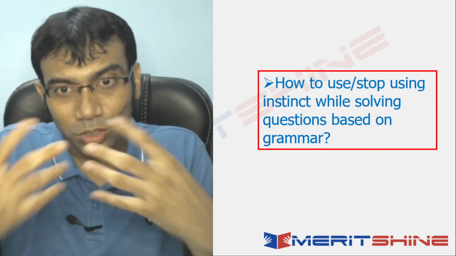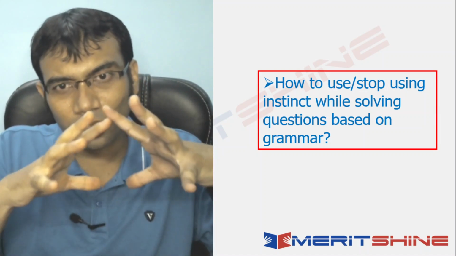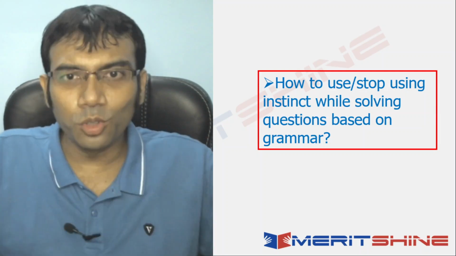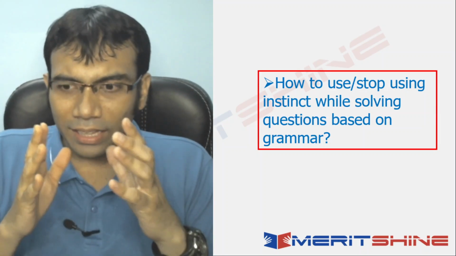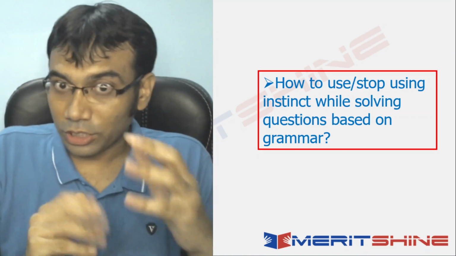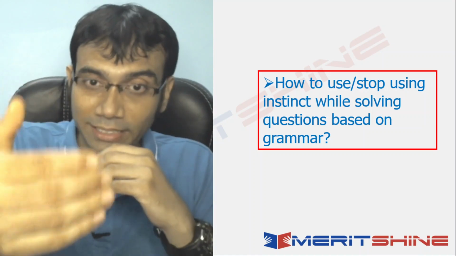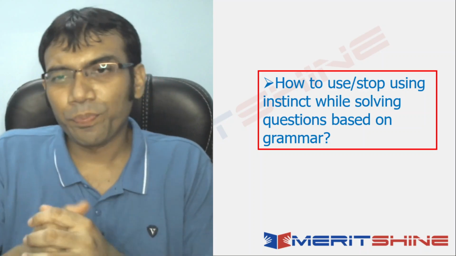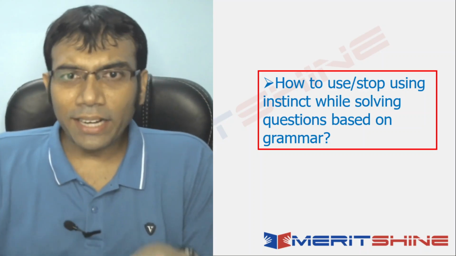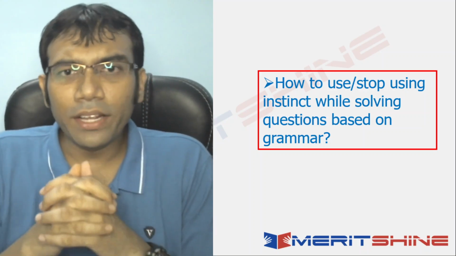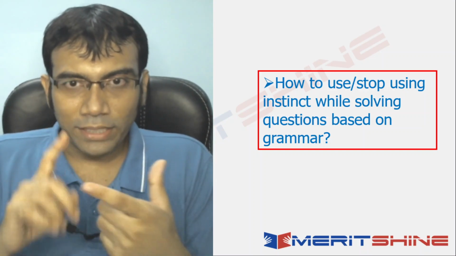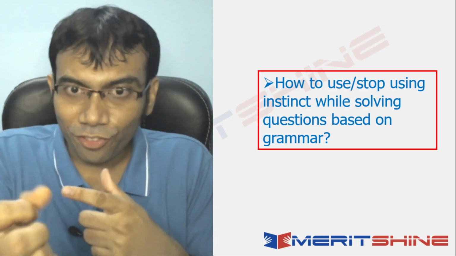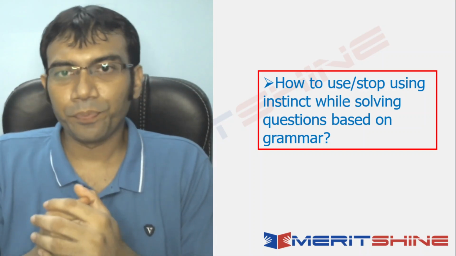Should we be using instinct, or should we not use instinct at all? Now, it's related to accuracy, obviously, and that's why I said it's a spin-off of the last one. When I look at instinct, what do we understand by instinct? Instinct means what you feel like, right?